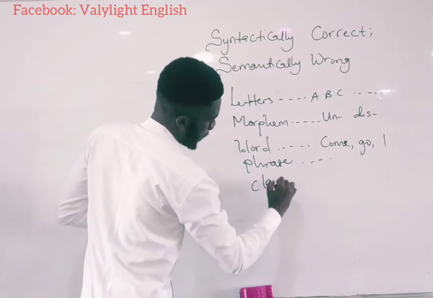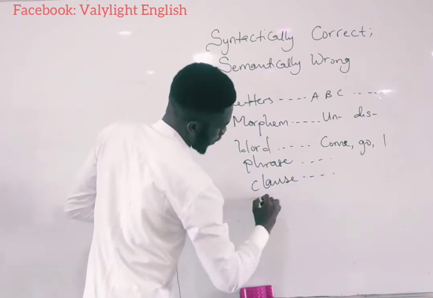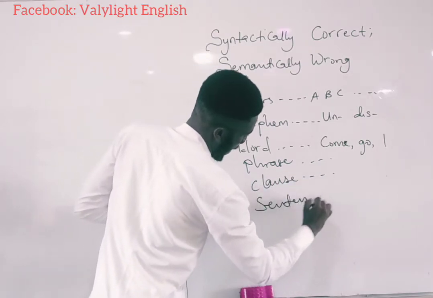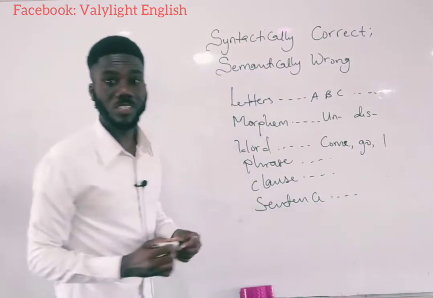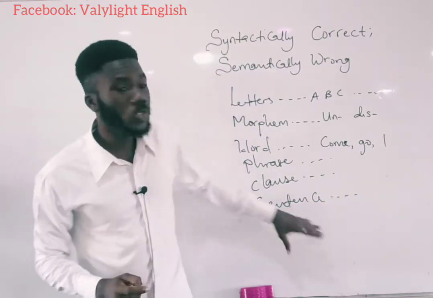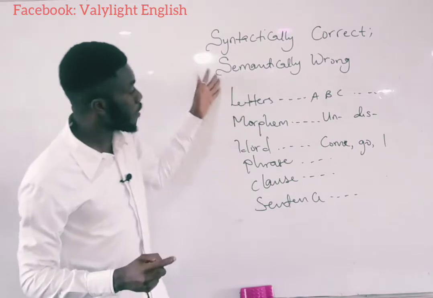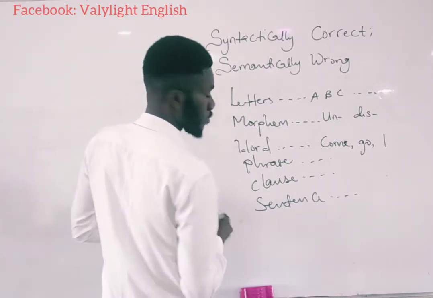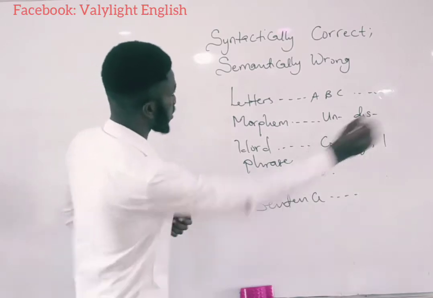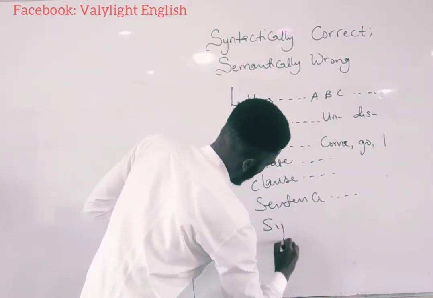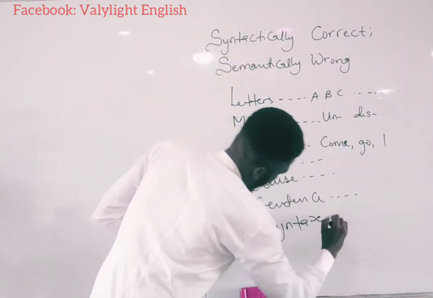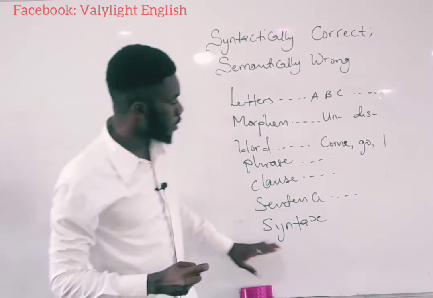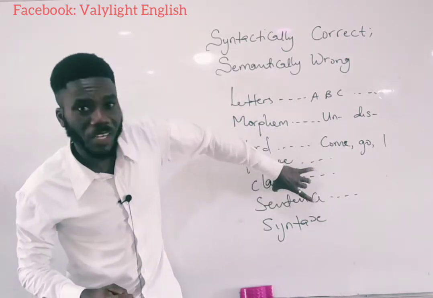You have the clause, and then you have the sentence. But it does not end here. After all this, you then have something known as syntax. It comes after the sentence.